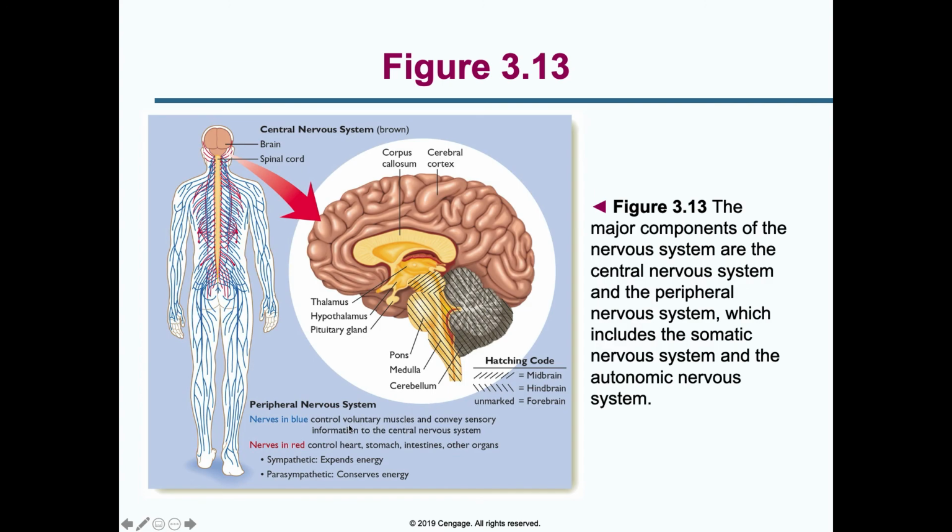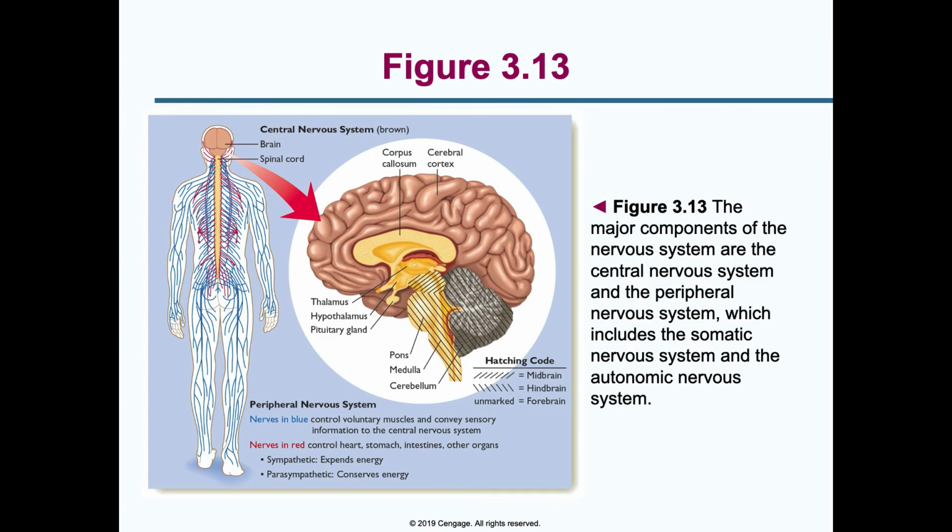Now, if you look at the peripheral nervous system in the body here, we got blue and red lines. The blue lines are all nerves that control voluntary muscles. Muscles that you have control over, that's what voluntary means. And they take in sensory information, like when you touch your hand to a stove, okay?